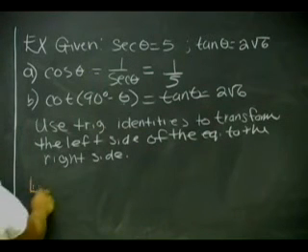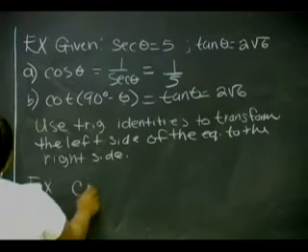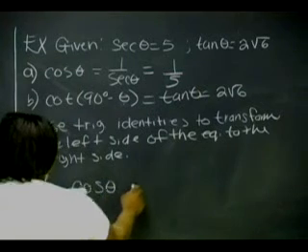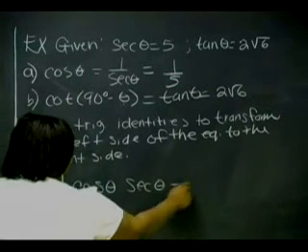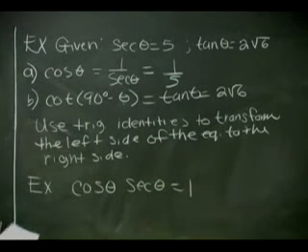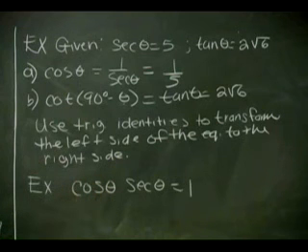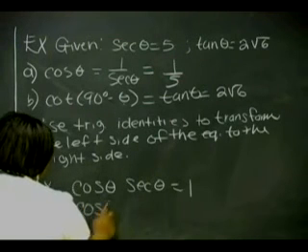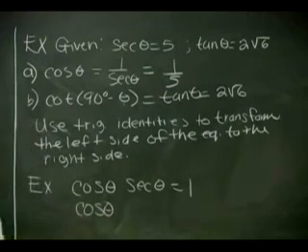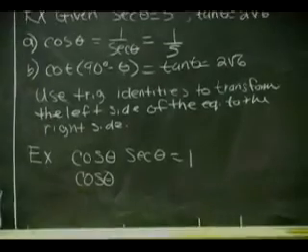The first one will be cosine theta times secant theta equals 1. So it's going to be feasible for us to work with this left-hand side and make it look like 1. How do we do that? Let's think about secant. What is secant? Secant is 1 over cosine, isn't it?